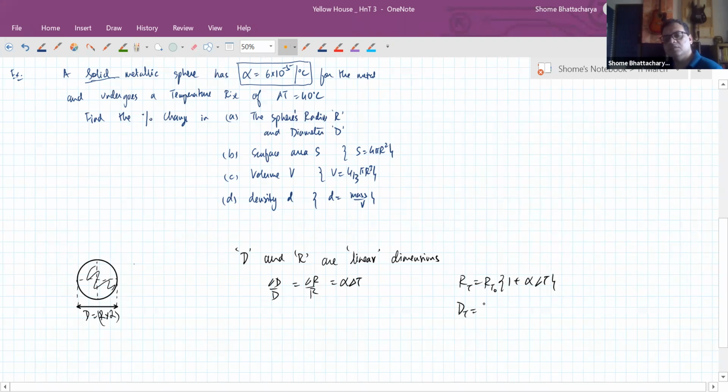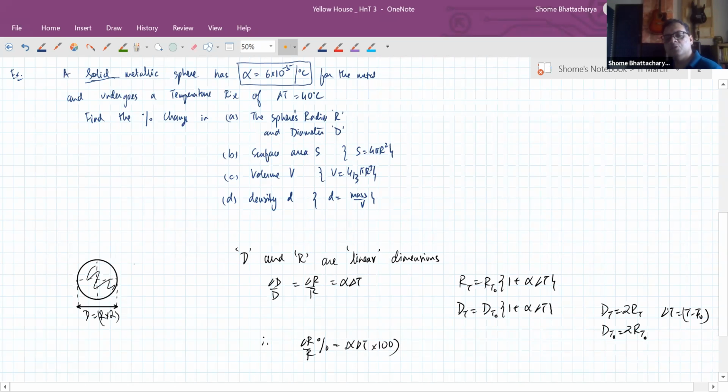Diameter at some temperature t will be diameter at temperature t naught into (1 plus alpha into delta t), where you can see this ratio exists, and delta t is t minus t naught, the temperature difference. Okay, so the percentage change will be just alpha delta t converted into a percentage.